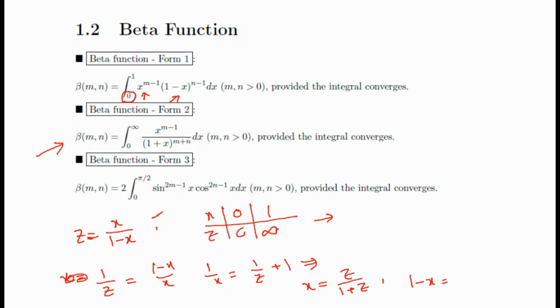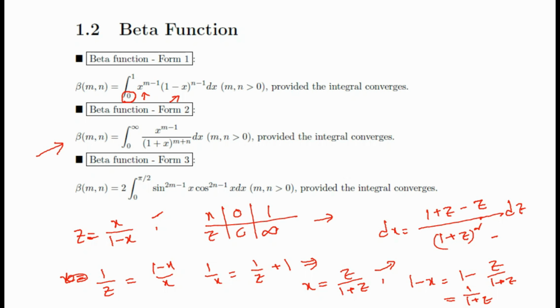So 1 minus x equal to 1 minus z by 1 plus z, and you will get 1 by 1 plus z. And what about dx? You can get dx equal to 1 plus z whole square and 1 plus z minus z. That means you will get 1 by 1 plus z whole square into dz.